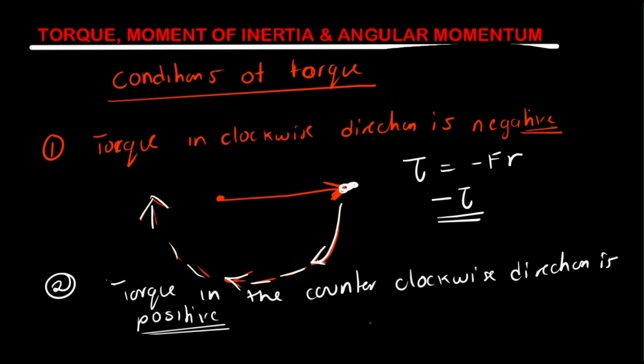If I say torque in the counterclockwise direction is positive, I mean that torque moving in the counterclockwise direction is positive. Just imagine here, this is where the pivot is. So the torque that is going in this way is positive. It is moving in counterclockwise, so it is positive. So the torque moving counterclockwise is positive.